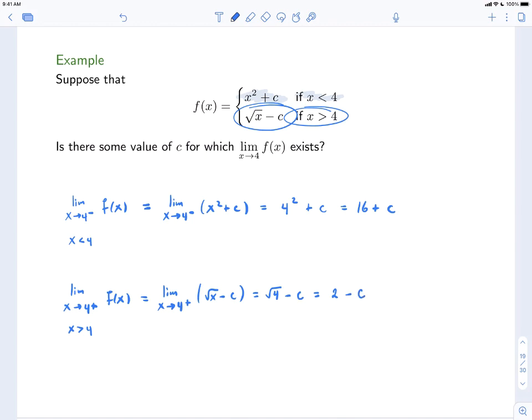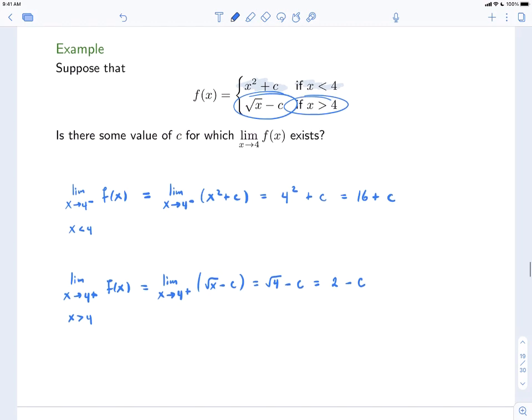In order for the limit to exist, we need the limit from the left, which is 16 plus c, to equal the limit from the right, which is 2 minus c. So we need these two things to equal each other. So we want 16 plus c to be equal to 2 minus c. If you add c to both sides, you'll get 16 plus 2c is equal to 2.